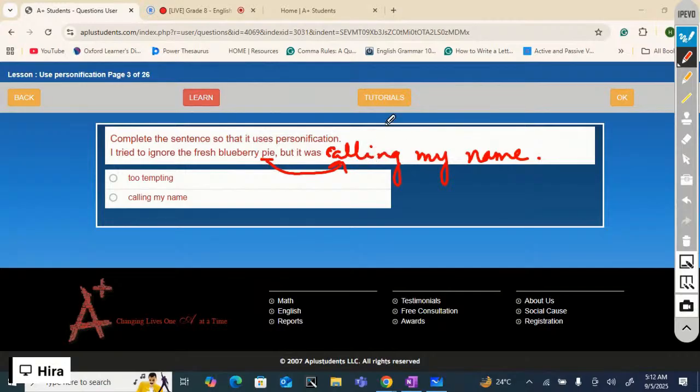Now the sentence uses personification. So this option is correct. You have to complete the sentence with the answer that makes the sentence use personification.